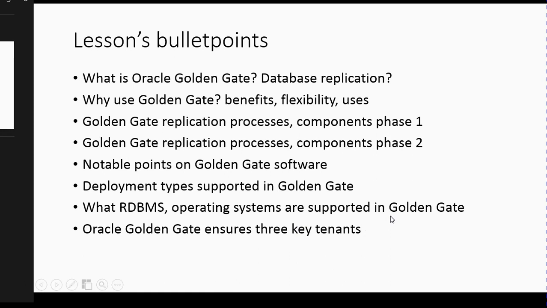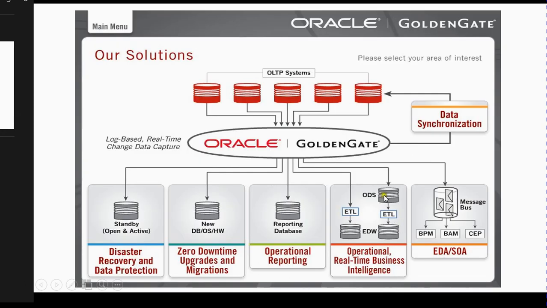Okay, let's get started. This is the architecture of Oracle GoldenGate. Here you have the source database, which is the OLTP system. The GoldenGate software allows you to replicate the transaction data from these individual database systems, and you can point these to the different environments that you have.